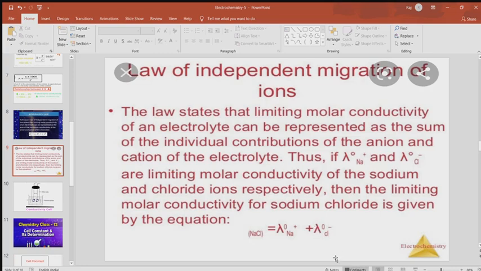The equation is: molar conductivity at zero concentration equals the number of moles of cations, for example Na plus, times the molar conductivity of the cation, plus the number of moles of anions, that is Cl minus, times the molar conductivity of the anion respectively.